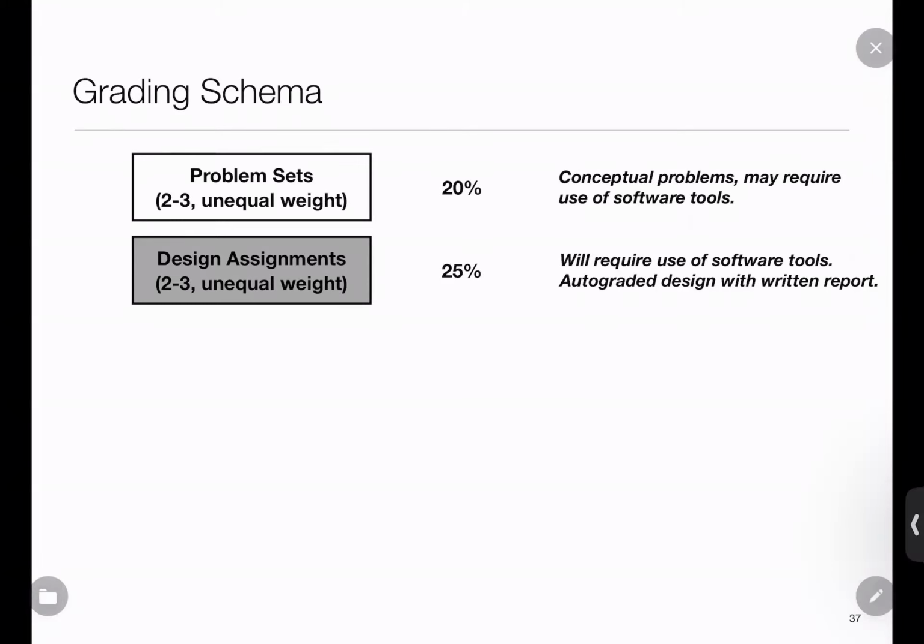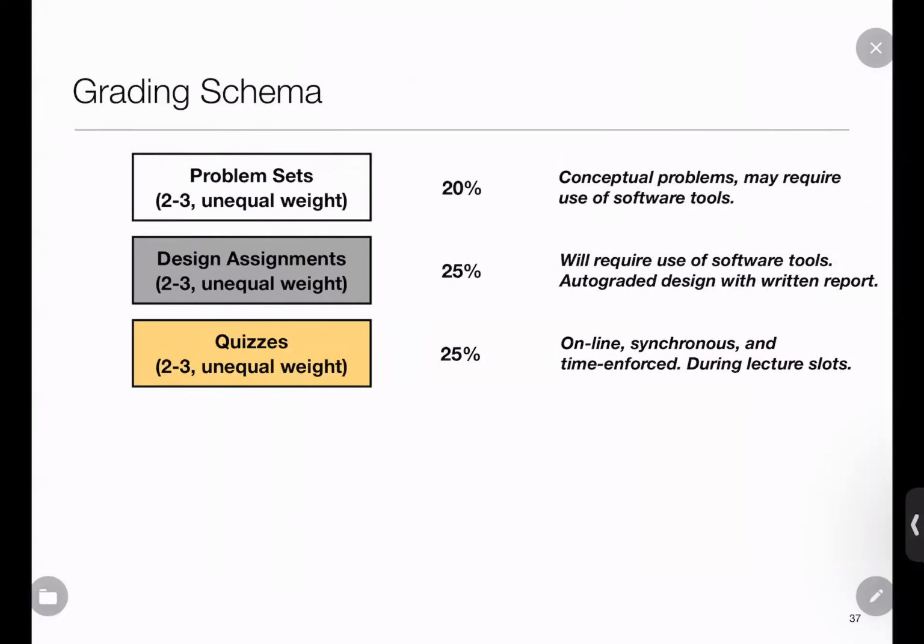Design assignments, again 2 to 3, last year I gave 2, this time it is 3, will require use of software tools because you're going to create a digital system, simulate it, and then submit. In the automated case, we subject it to some tests, as well as a written report of some form that we will ask for.